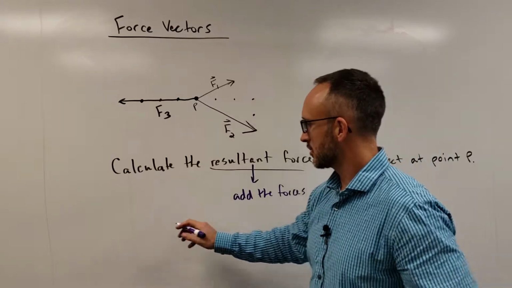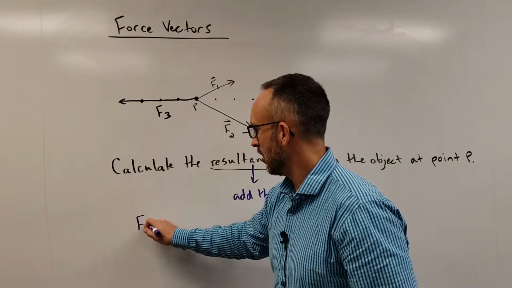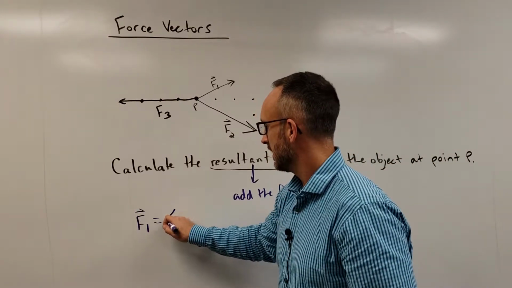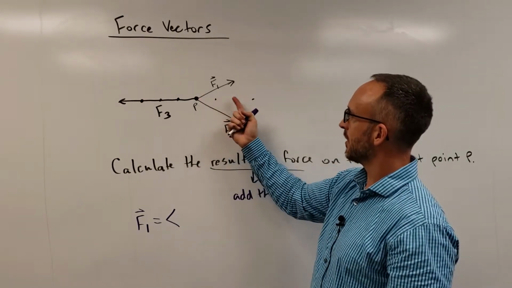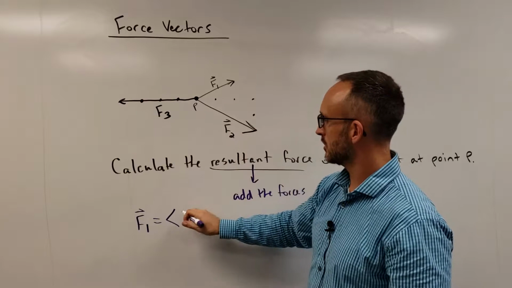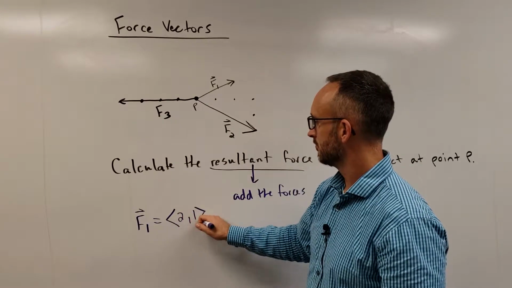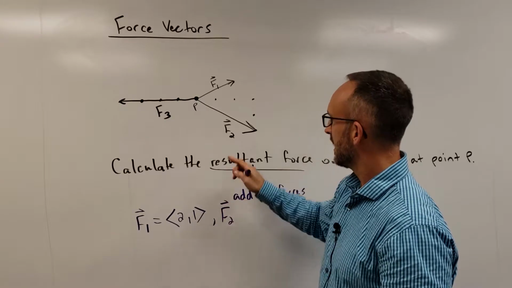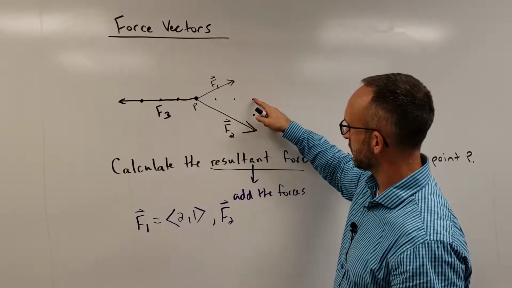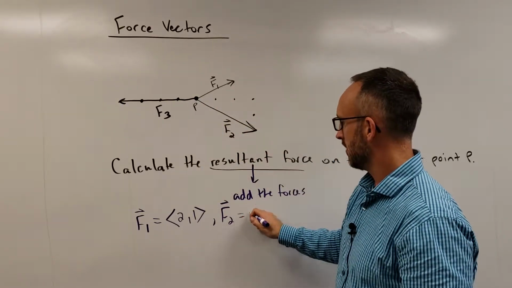So let's describe F sub 1 in component form. F sub 1 has a horizontal component of positive 2 and a vertical component of positive 1. F sub 2 has a horizontal component of positive 3, a vertical of negative 2.